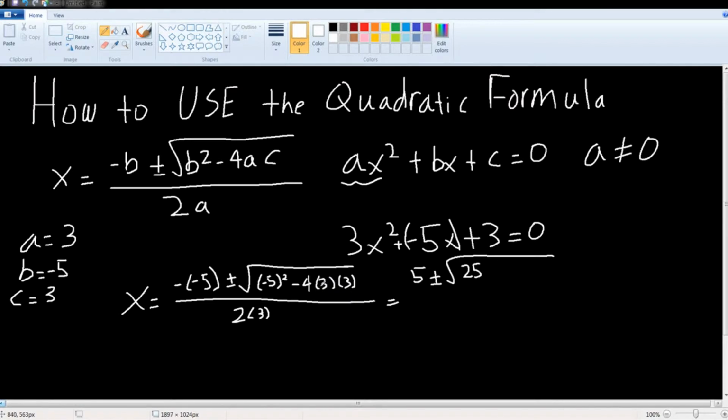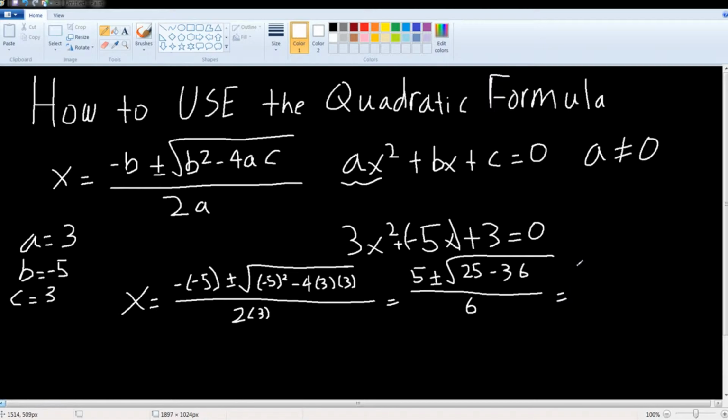So 3 times 3 is 9. 9 times 4 is 36. There is a subtraction sign, so this would just be minus 36. This is all being divided by 2a, which is 2 times 3, which is just 6.